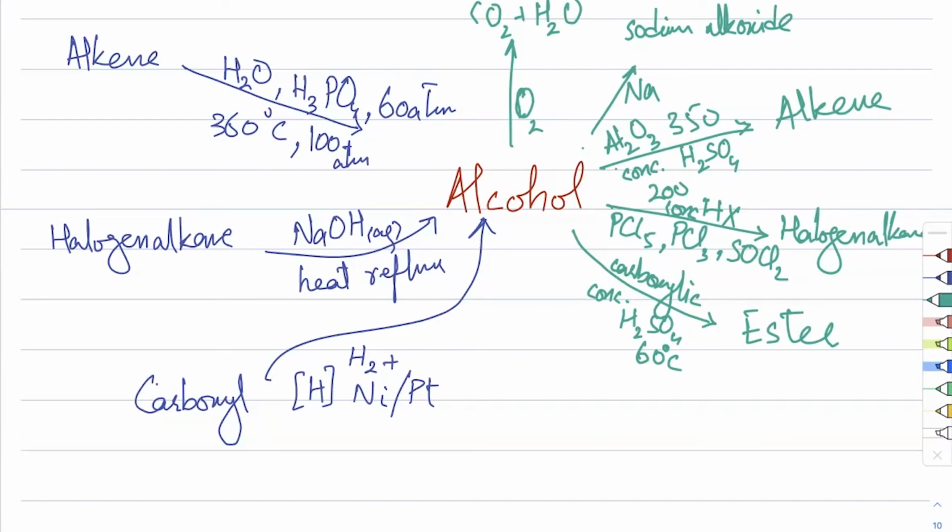Okay? And then you can convert alcohols to carbonyl by simple strong oxidation. वो strong oxidation आपके syllabus में potassium dichromate है, sodium dichromate है, potassium manganate है, ठीक है?